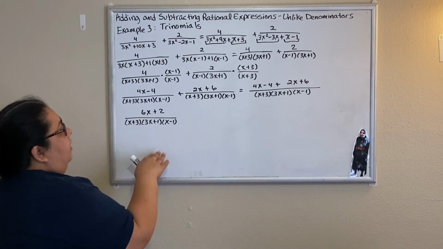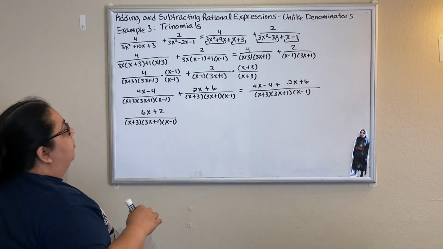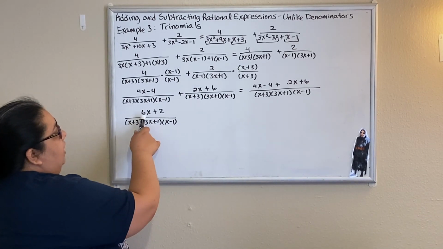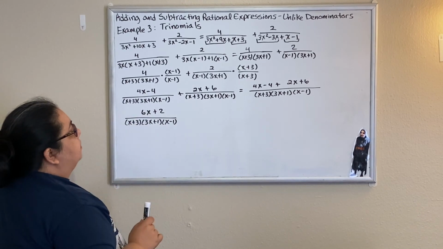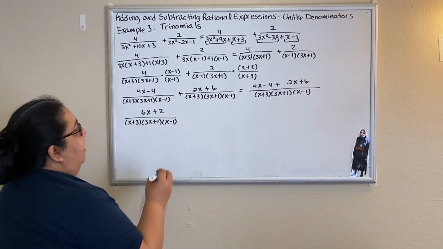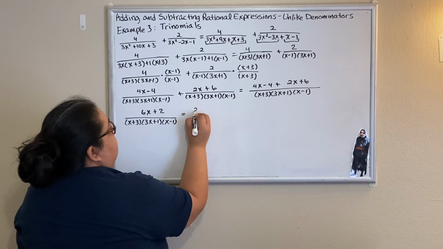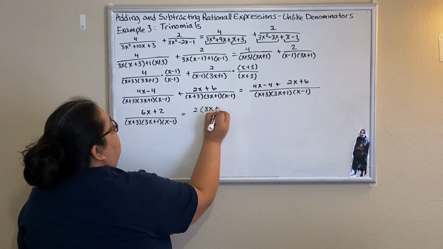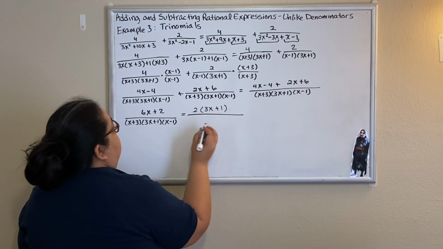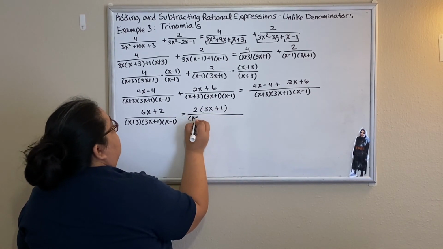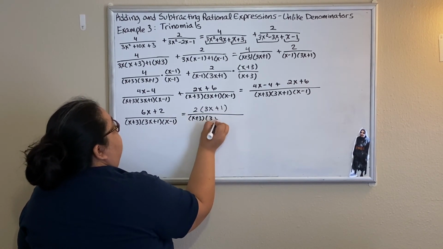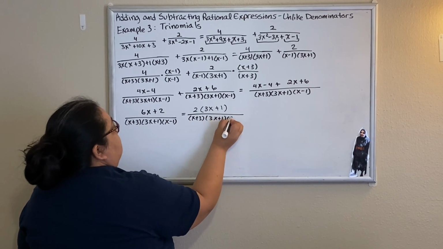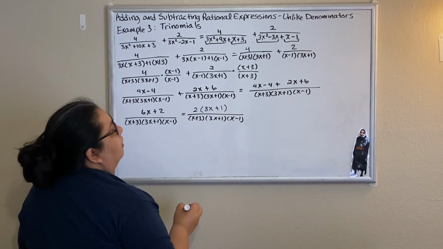And now we check, can we reduce, can we simplify? Well, in the numerator, 6x plus 2, that can be factored. I can factor out a 2. So we're going to say 2, open parentheses, and that's going to leave me with a 3x plus 1. And then our denominator is still x plus 3 times 3x plus 1 times x minus 1.